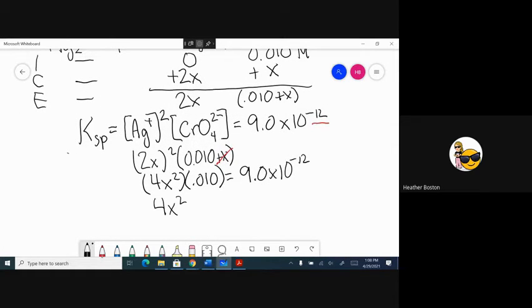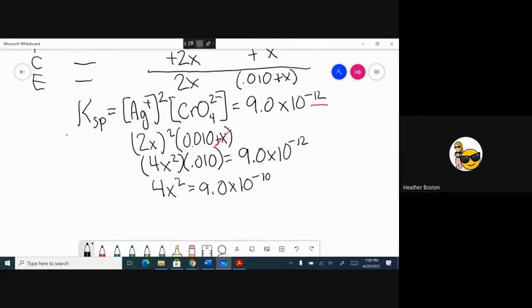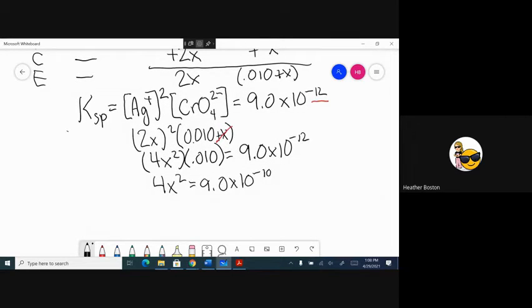So 4x squared equals 9.0 times 10 to the minus 10. We'll divide by 4 and then take the square root of it.